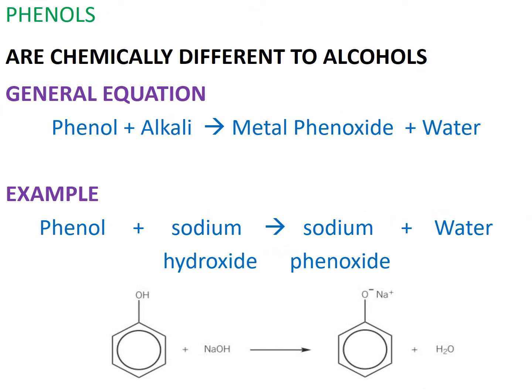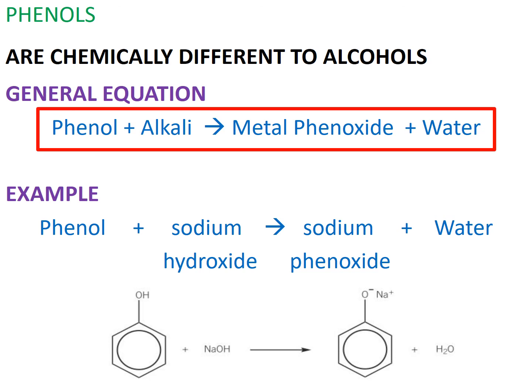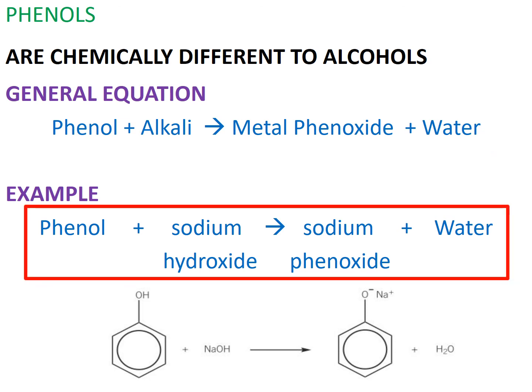The general equation for the reaction between a phenol and an alkali is as follows. An example of such a reaction includes phenol reacting with sodium hydroxide to form sodium phenoxide and water.